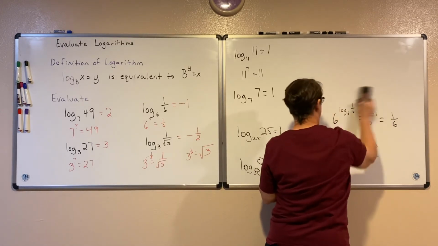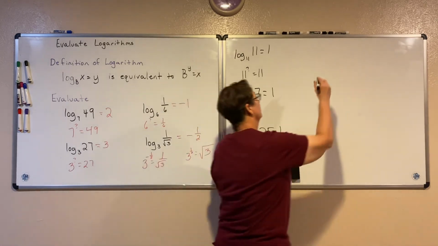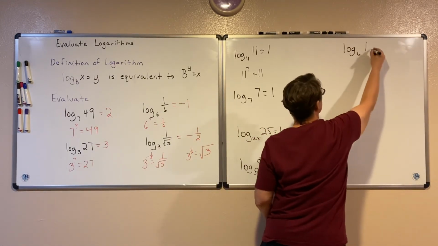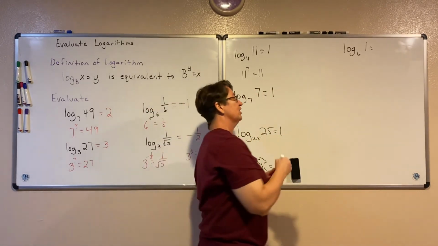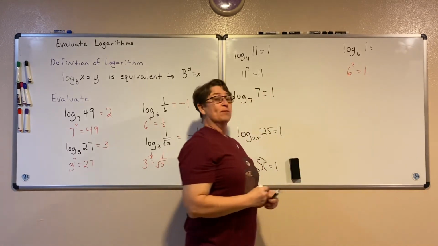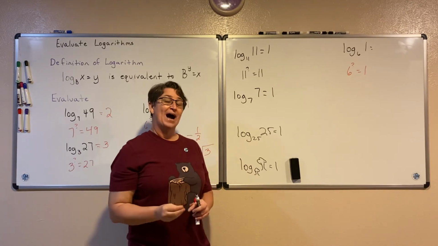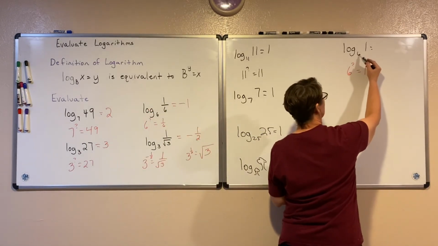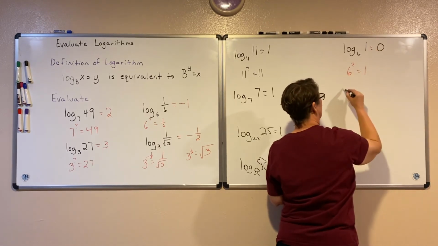One last special case here, and that is if I have log base 6 of 1. I'm just evaluating that: 6 to what power equals 1? Remember that when we raise any non-zero number to the 0 power, it's equal to 1. So here, when I take this base and raise it to the 0 power, it's equal to 1.